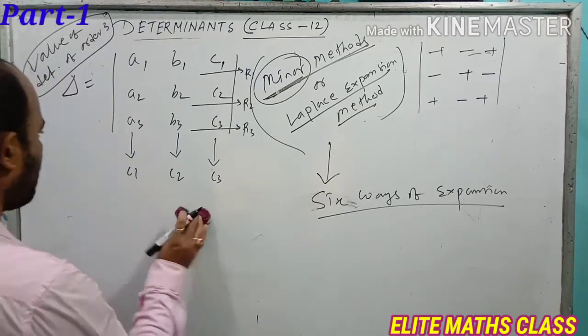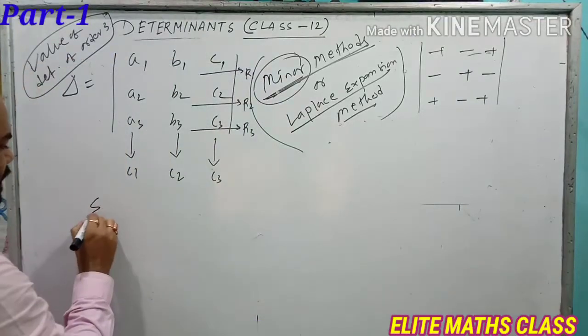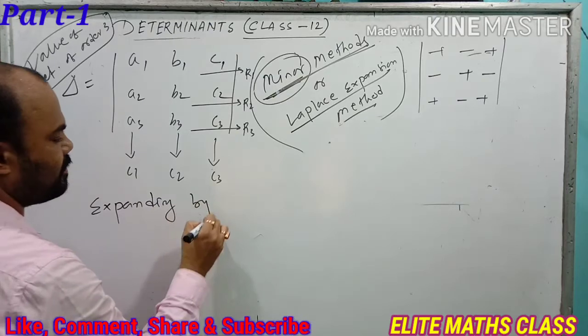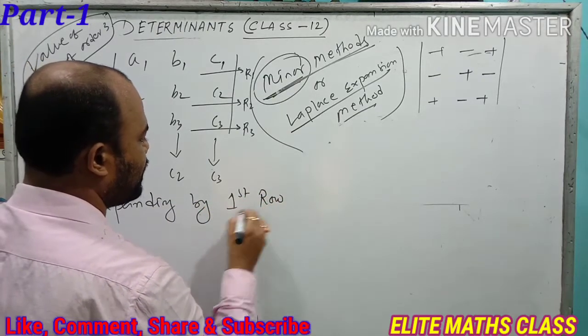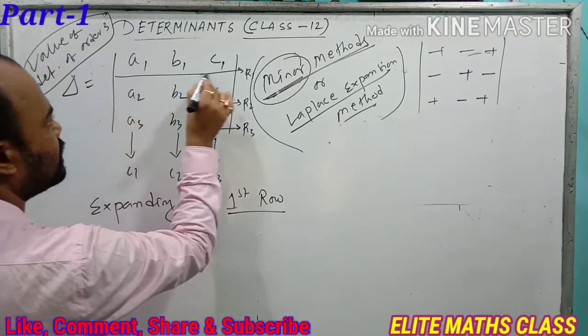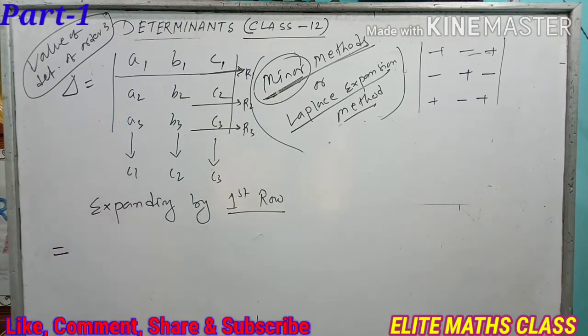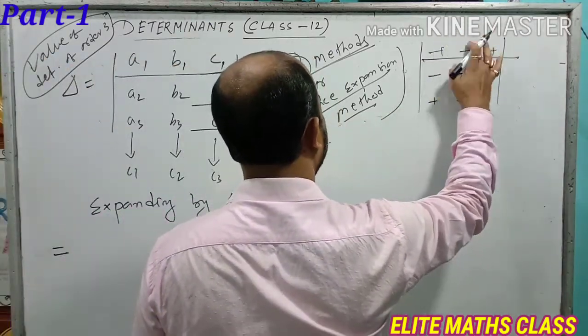Now see the process of how to expand. Here I am expanding this determinant by the first row. What will be the value? The signs of the first row are plus, minus, plus.